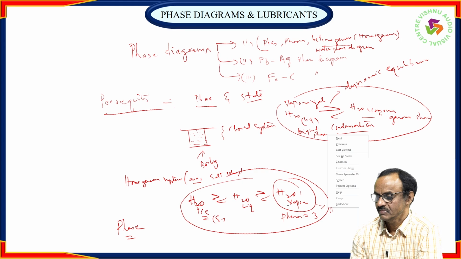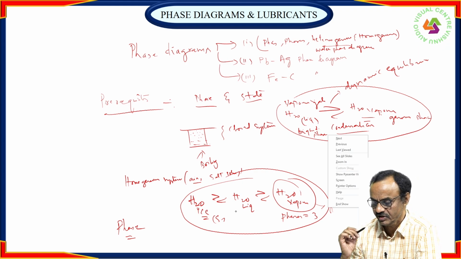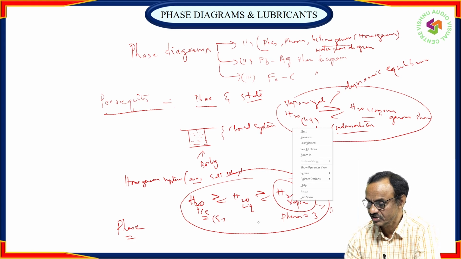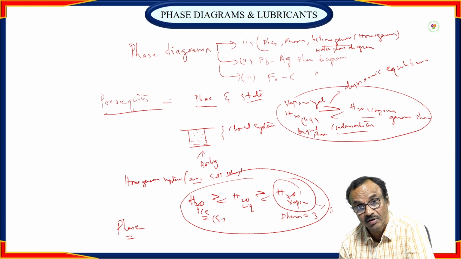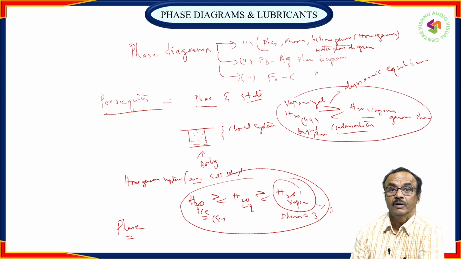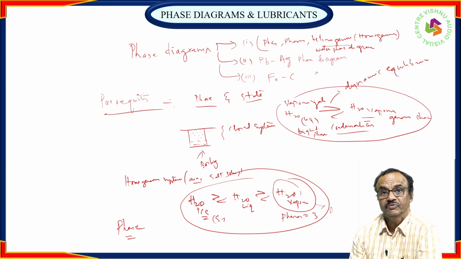A heterogeneous system consists of two or more phases. We can define a phase as a homogeneous part of a heterogeneous system. It is physically distinct and mechanically separable, and is known as a phase.